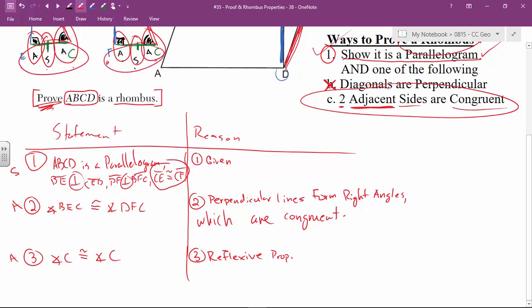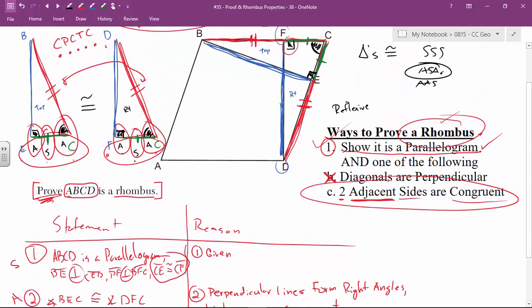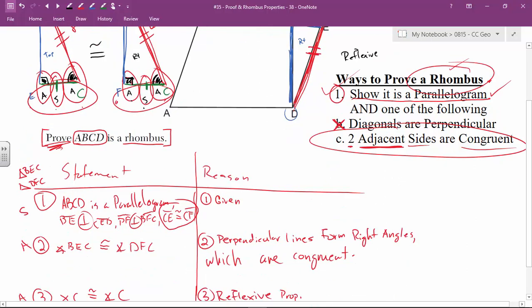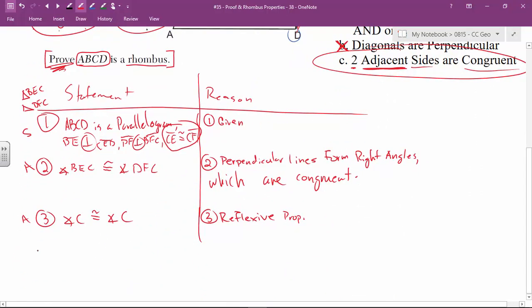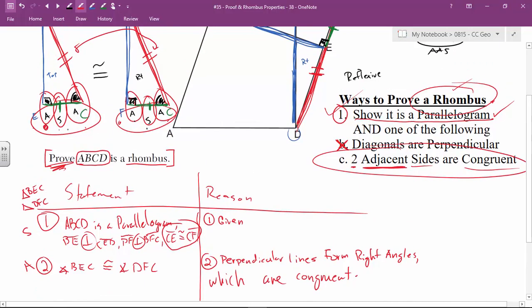So we can say that triangle BEC is congruent to triangle DFC. The fourth thing I'm going to say is my triangle congruent statement. Triangle BEC is congruent to triangle DFC. Why am I allowed to say that? It's the angle, side, angle postulate. That's my reason.